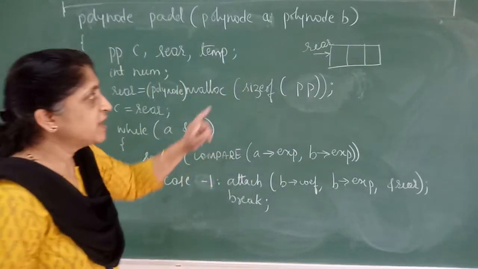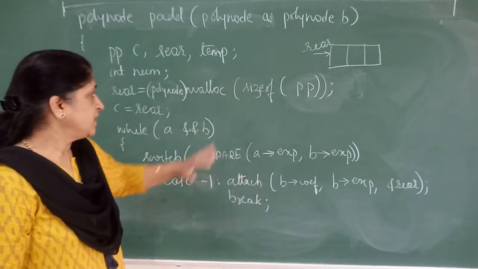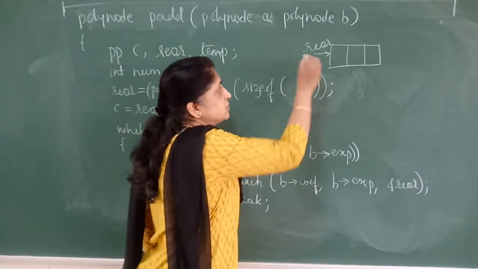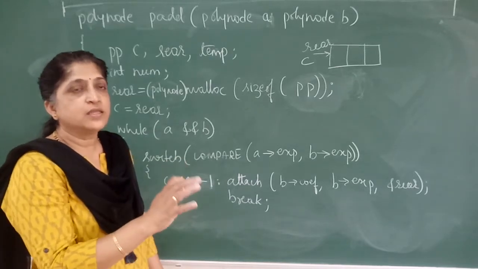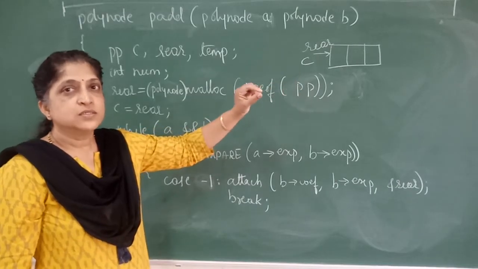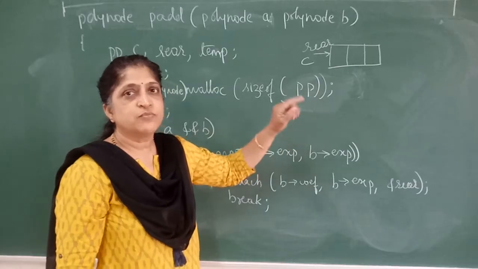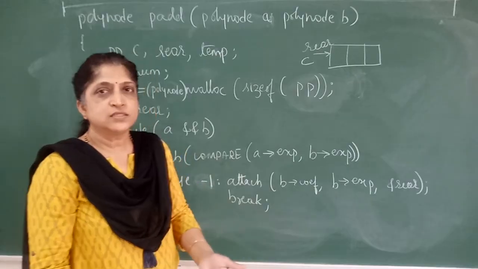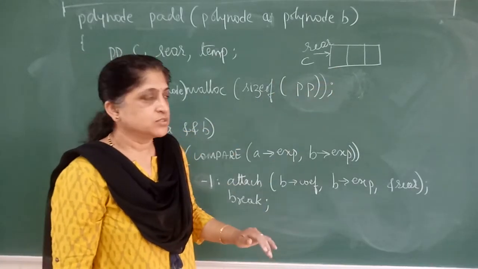Then we make C point to this. C is a pointer to this node. Currently this is the first node that we are creating in the polynomial C, so we are making C equal to rear. Currently both rear and C are pointing to this node itself, because this is the first node and also the last node. As and when we go on attaching nodes to this list, we move rear to point to the next nodes.